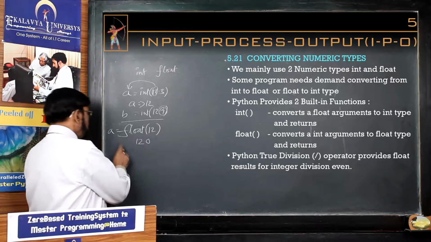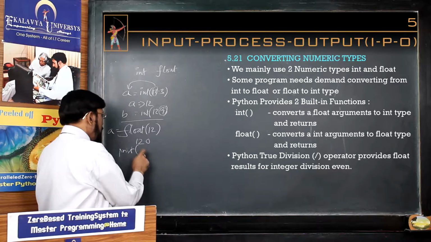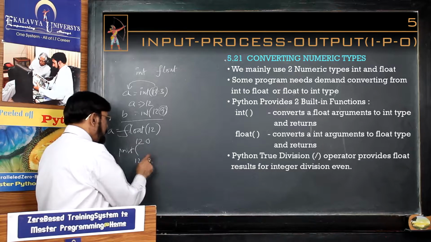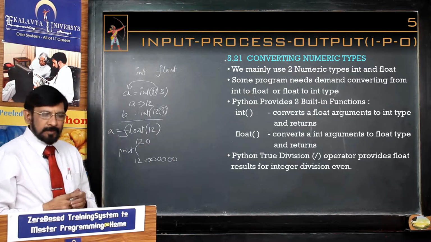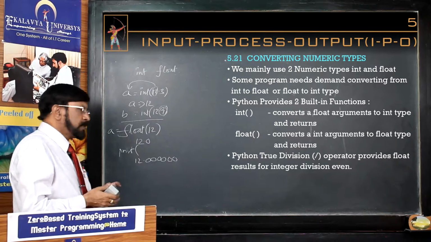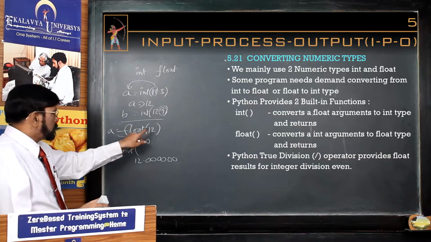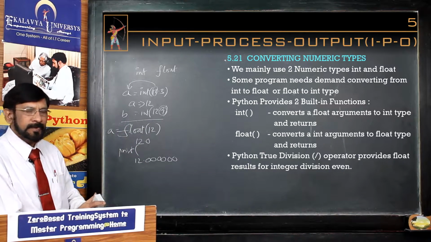Then suppose using print, if you write this, how is it printed? 12 point, by default 6 digits are printed. So depending on your requirement, you can convert a float value into int, or an int value into float.